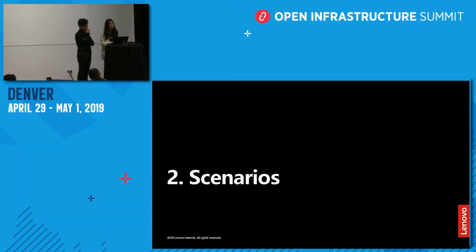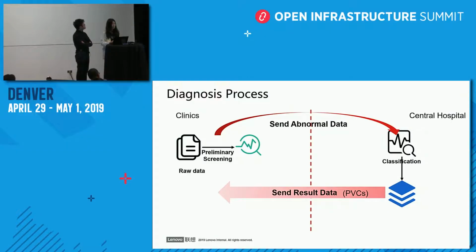And before we elaborate the edge platform, let's see the scenarios using deep learning models to diagnose heart disease, and what are the deep learning algorithms in the edge and in the cloud. Using deep learning to diagnose, there are two steps.